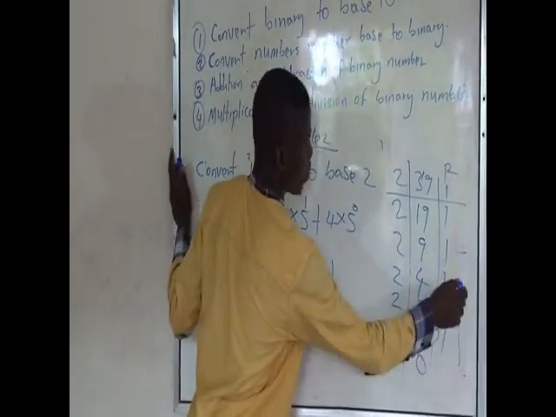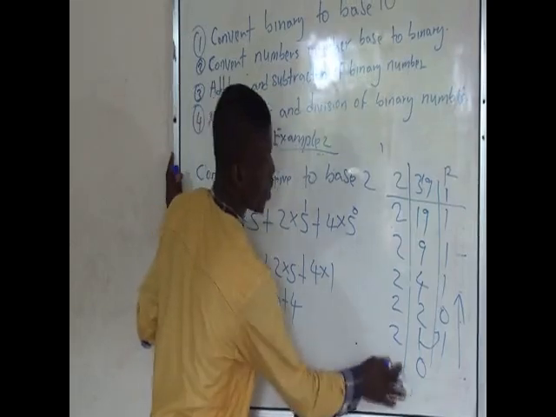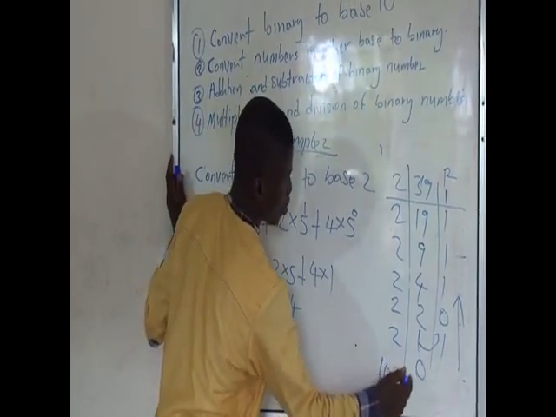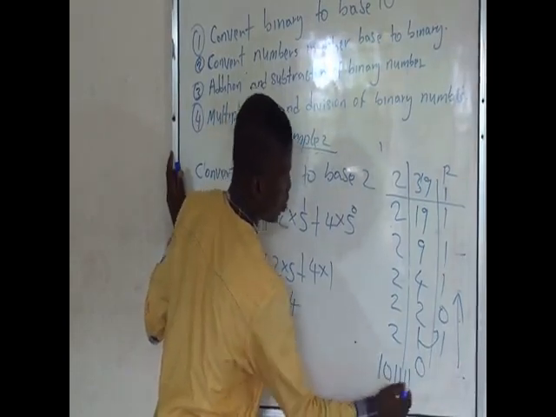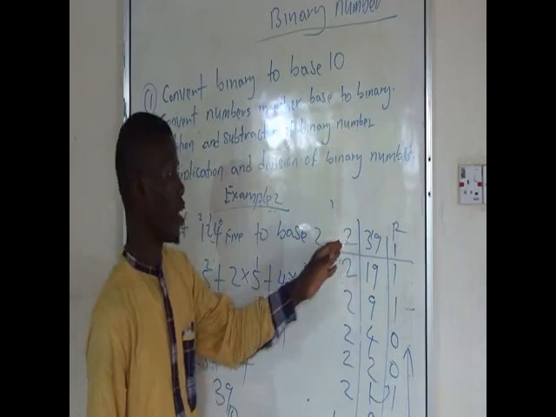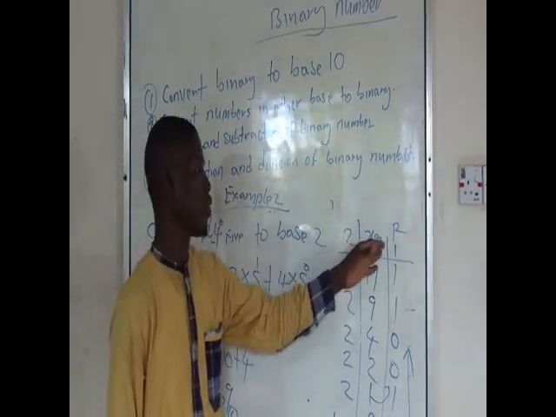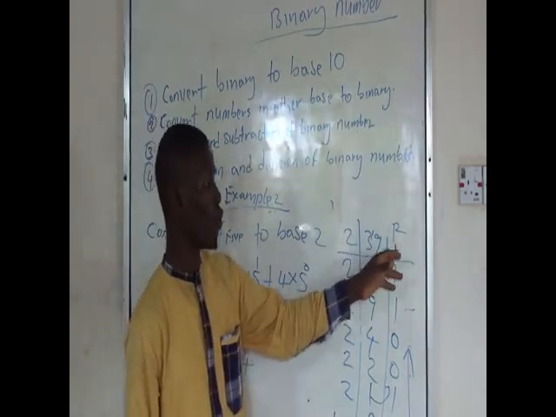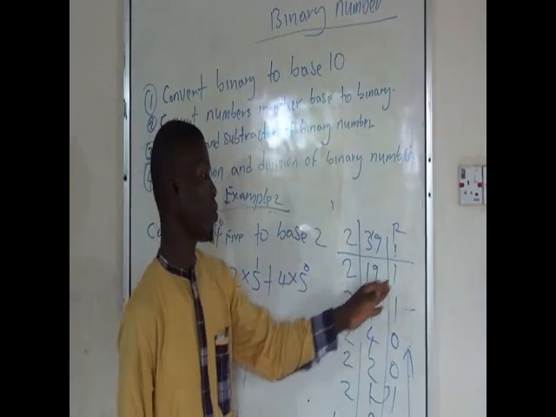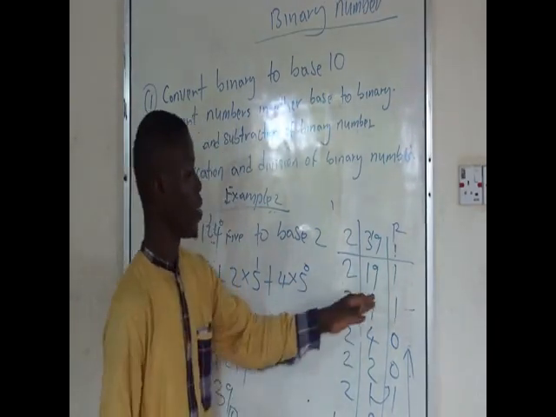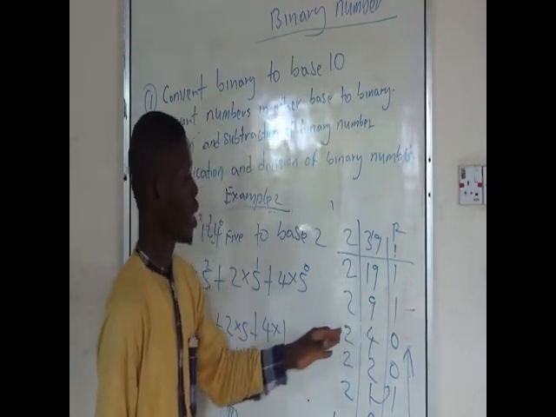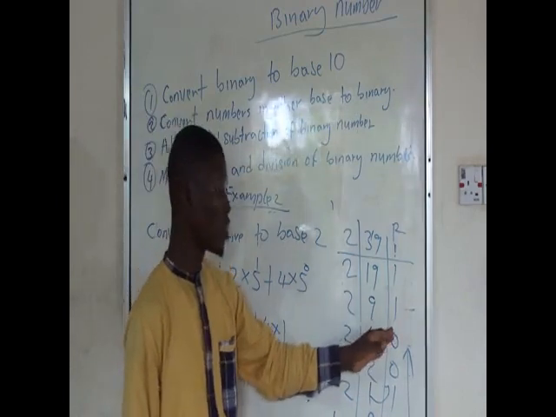Then pick the answer from the bottom. We have 1, 0, 0, 1, 1, 1, base 2. 39 divided by 2 gives us 19 remainder 1. 19 divided by 2 will give you 9 remainder 1. And 9 divided by 2 will give you 4 remainder 1. 4 divided by 2 will give you 2 remainder 0.